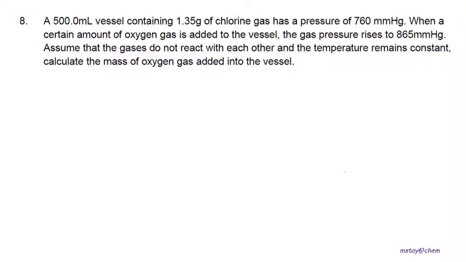So again, that's why we are going to use Dalton's law to solve this question. As we discussed just now, for Dalton's law we have two parts. Either we use the formula P total equal to the partial pressure of oxygen plus the partial pressure of chlorine gas, but we are not using this formula, because in this formula we are not able to determine the mass of oxygen gas.